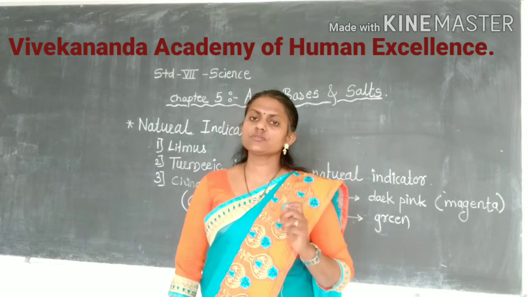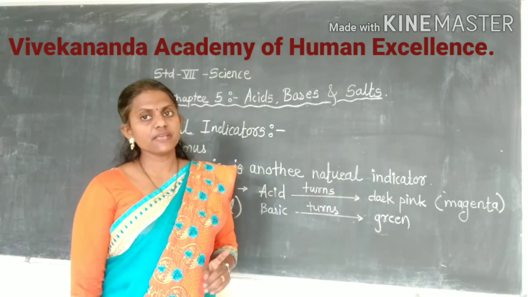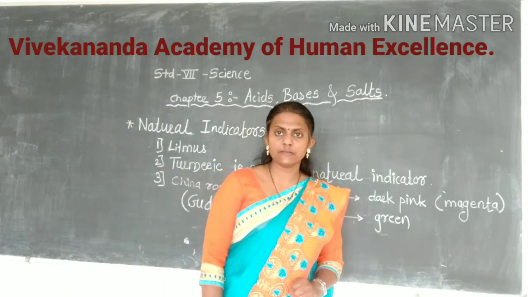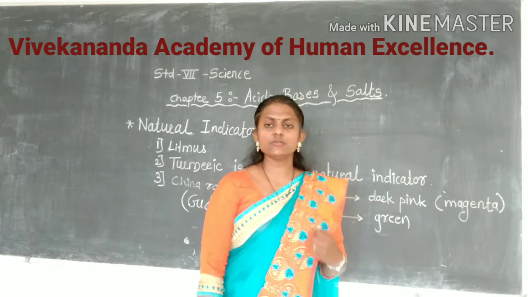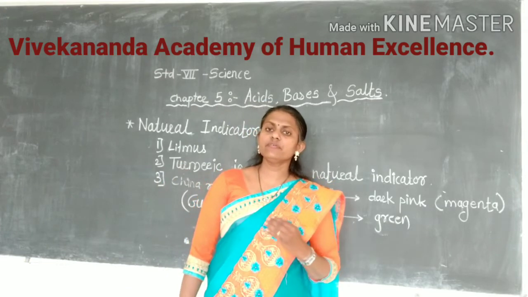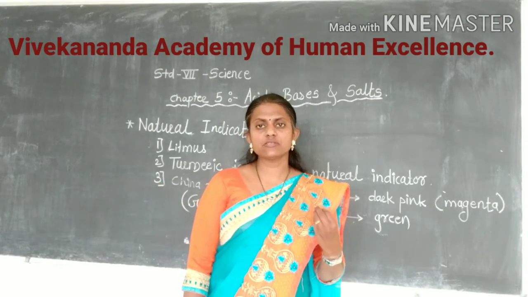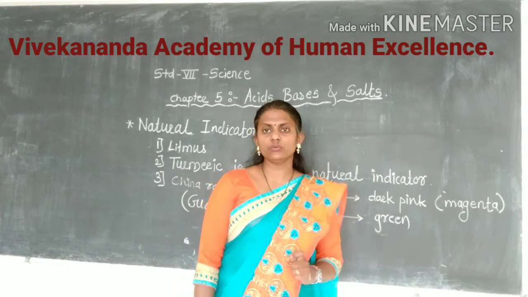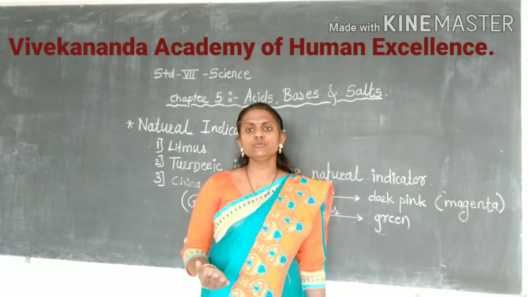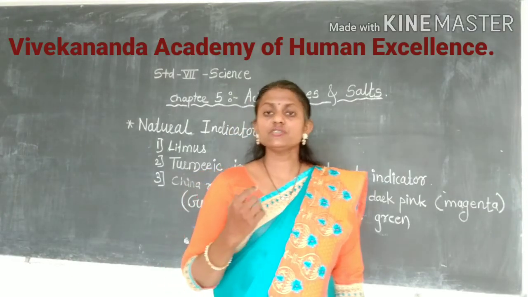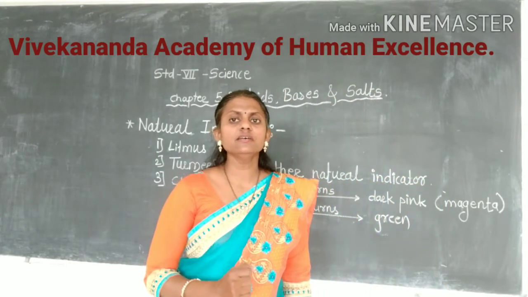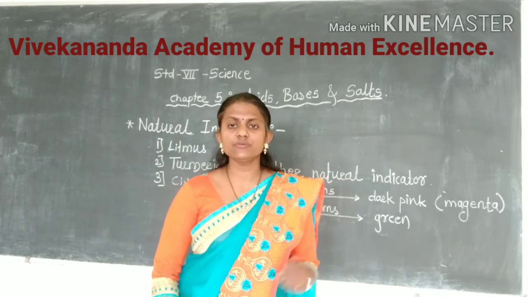In this way, we have seen these 3 natural indicators. First, we have seen litmus paper, correct. Second, turmeric. And third, China rose petals. Mostly these indicators are used. Some other indicators are also used to identify whether solutions are basic, acidic, or neutral.